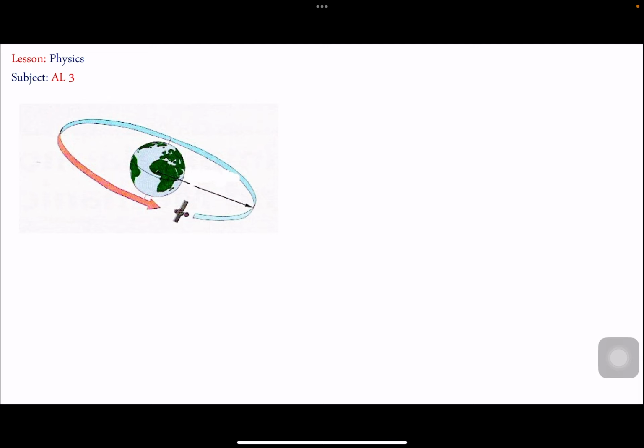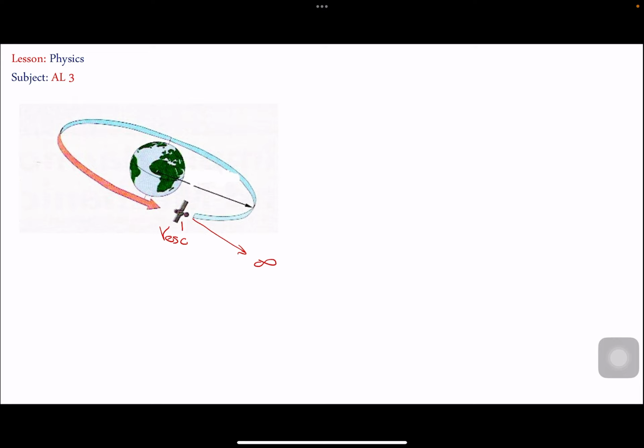Now, if I have the satellite at a certain distance, suppose that I want to move the satellite from this orbit to infinity, for example, to escape. So I will need the escape speed prime with me, right?